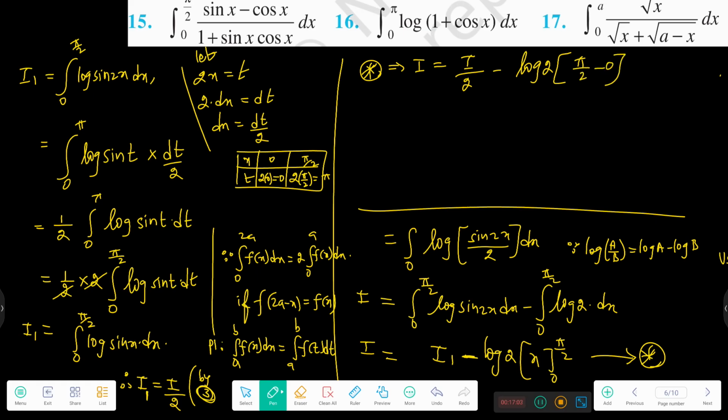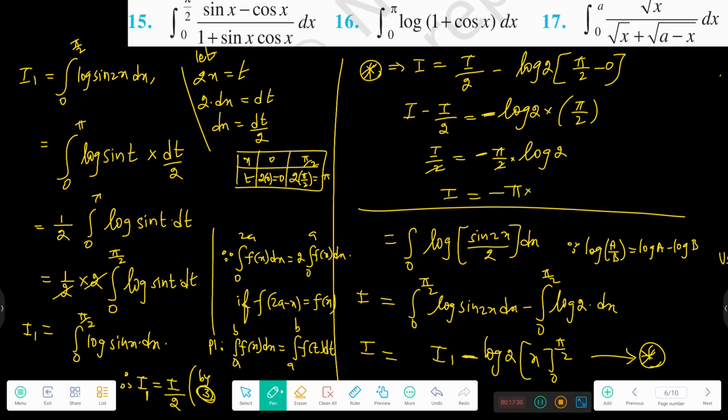So that I by 2, when I bring it to the left hand side, I minus I divided by 2 is equal to minus log 2 into pi by 2. When you subtract this, what am I getting? I by 2. If you bring pi by 2 in front, into log 2 you will be getting, and there is a minus here, put the minus. Now this 2 cancels, I is equal to minus pi into log 2, which is our required answer for question number 16.